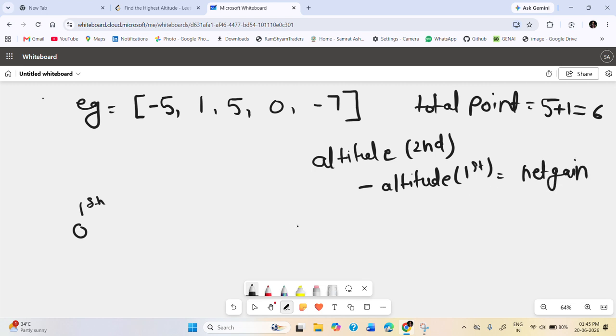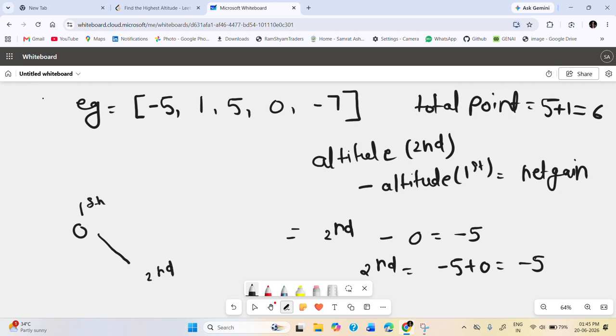Okay. So we don't know the second altitude, but we know the first altitude, which is 0, and the net gain is minus 5. The second altitude will be minus 5 plus 0, which means minus 5. So the biker goes from here to this second point, which is at minus 5 altitude.